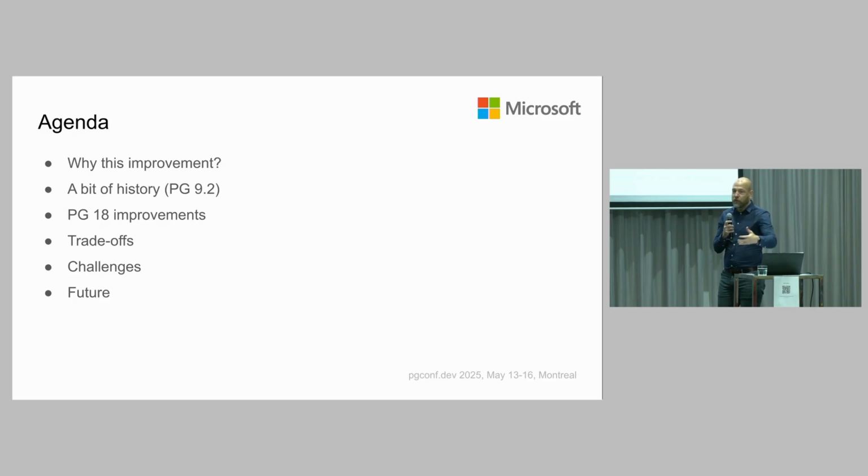There's reasons to do that. So I will give a bit of that. I will show you some trade-offs that we needed to do on the way, and also some challenges that still remain in the code. I will also talk a little bit about how we could maybe improve and use the same idea in other places of Postgres code. And hopefully it will be useful for new contributors to actually use that.